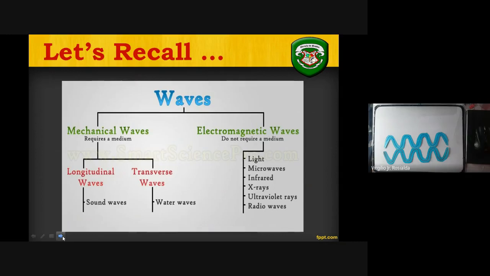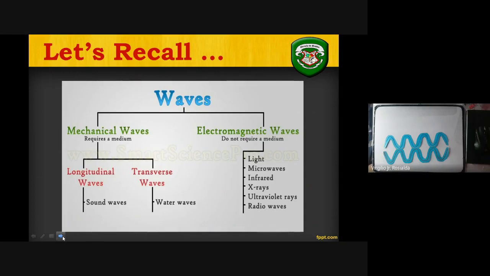While an electromagnetic wave is a wave which does not require any medium at all. So when we talk about electromagnetic waves, even without the presence of air particles, even without the presence of any particles of matter, it can travel, it can propagate.